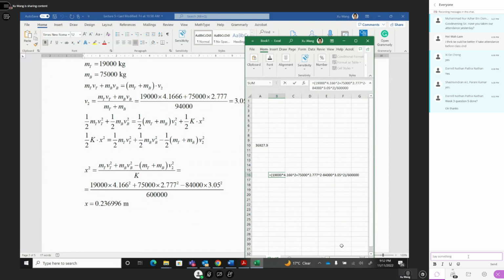So you can check this formula, make sure it's the same as what you're writing.